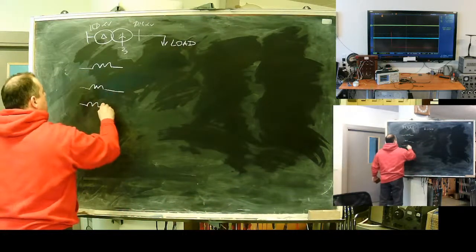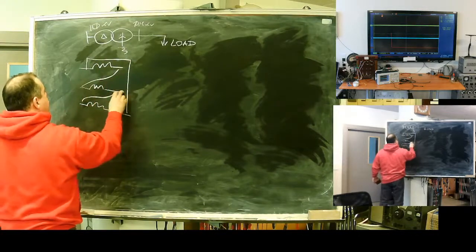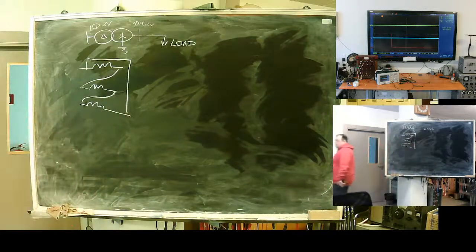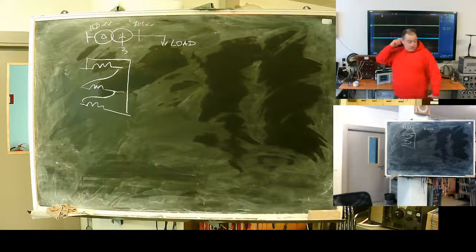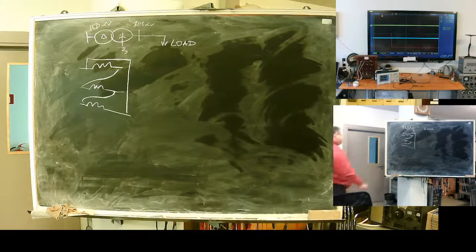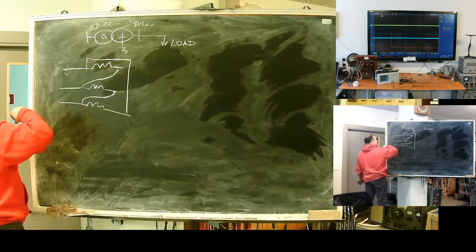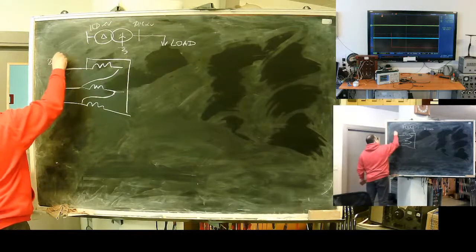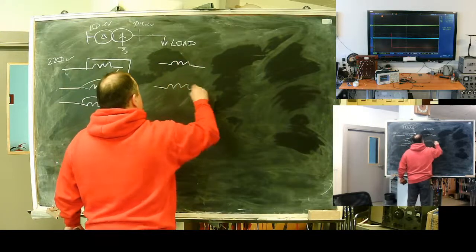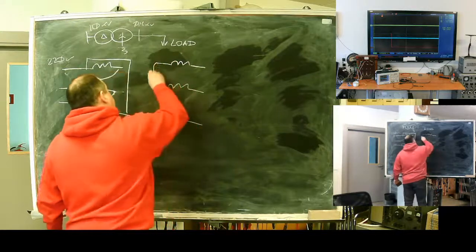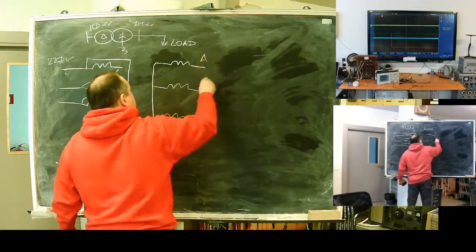I will simulate it with the help of this delta-Y transformer after the distribution. I will power it from 220 volts. It will be ground. It's A, B, C phase.